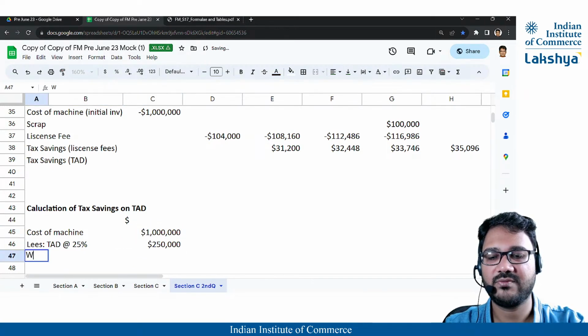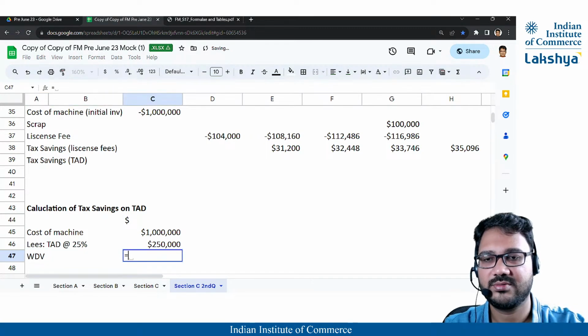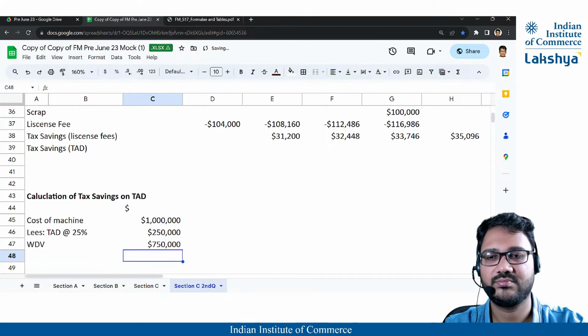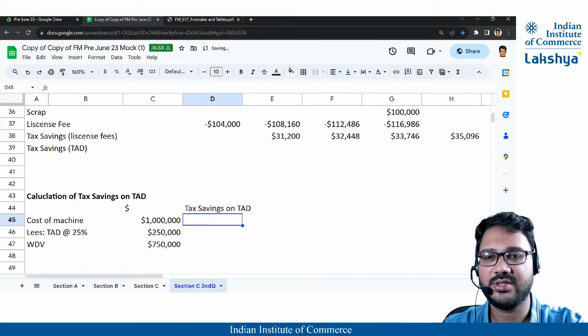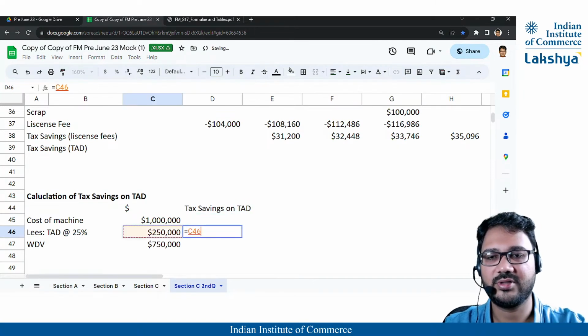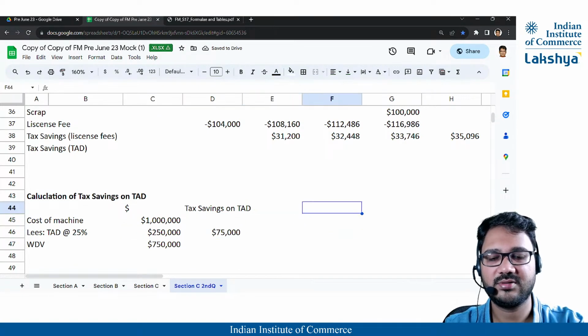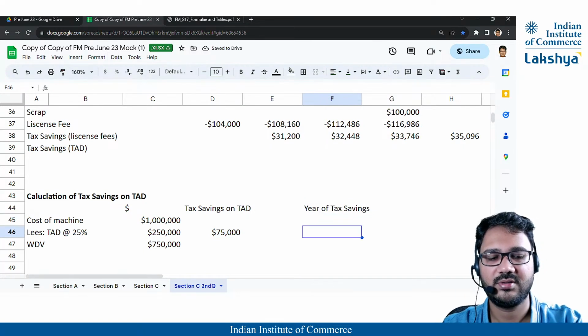Okay, and then we have our WDV. All right, we have our tax savings on TAD. So it is 30% of that, and the first year of tax savings will be in the second year because 1 year in arrears.